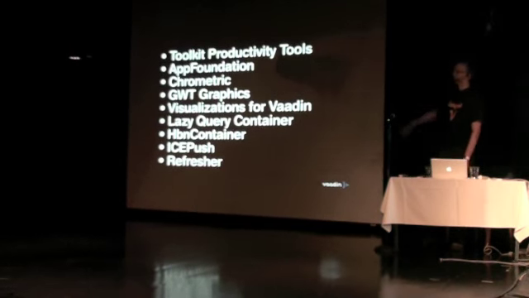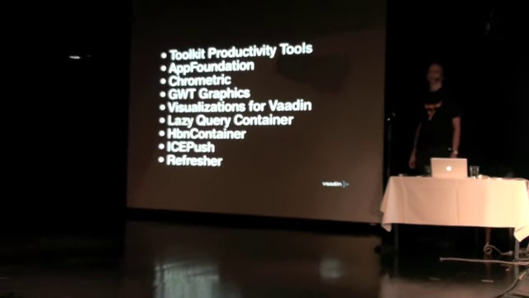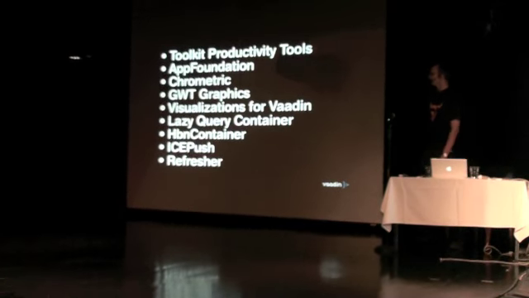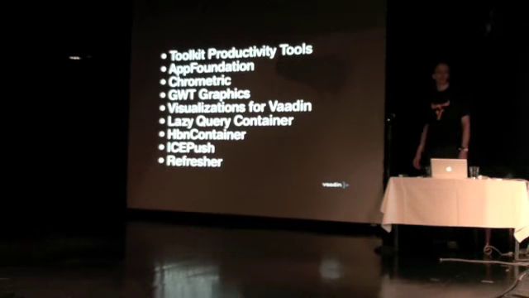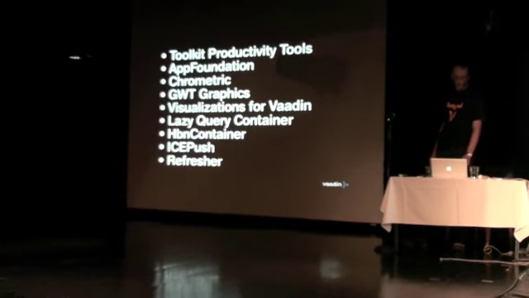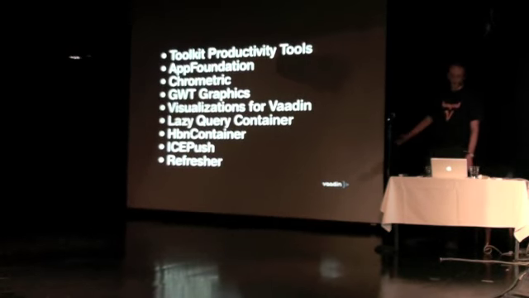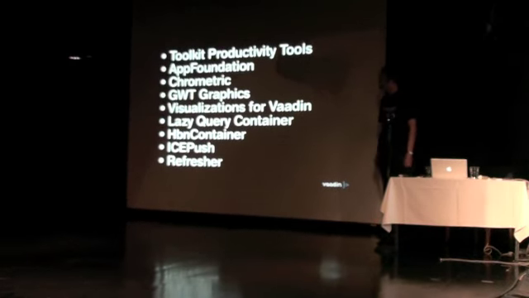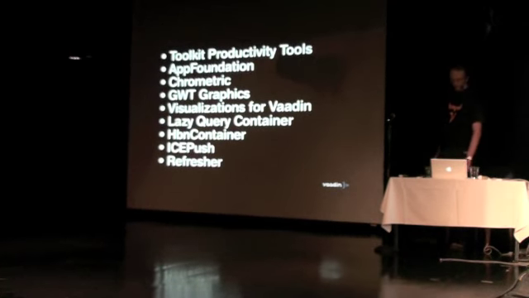We even have tools like Chrometric, with which you can test how colorblind people see your Vaadin application. We have a lot of widgets like the Google Web Toolkit Graphics widget, visualization for Vaadin, and so on. There are a lot of data sources, like lazy query container and Hibernate container. There are add-ons for providing server push, automatic updates of the UI using polling, and so on and so on.